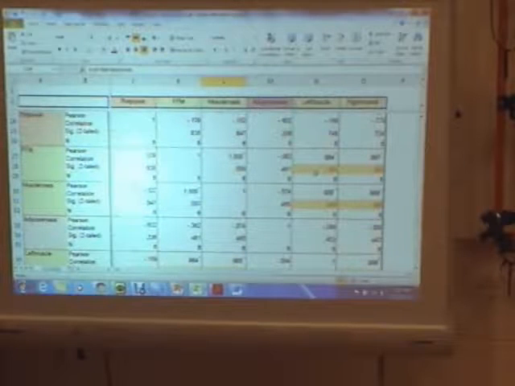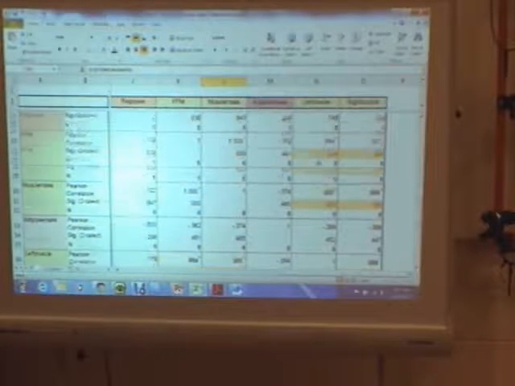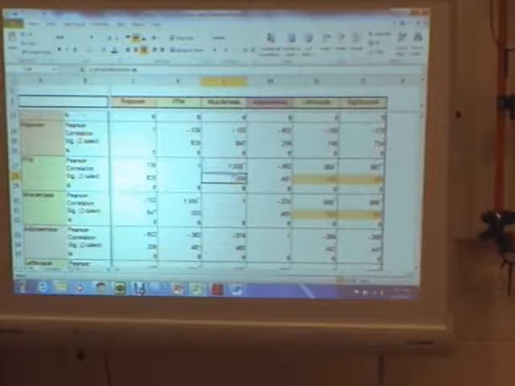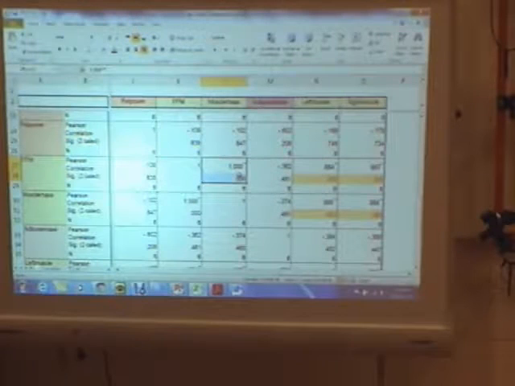But what you do see is that your muscle mass and your fat-free mass are related to each other. It's not highlighted because it's 0, and so are these. These are just perfect relationships.